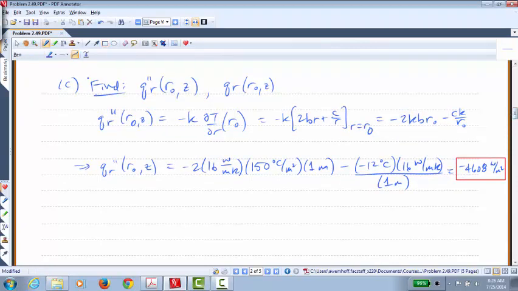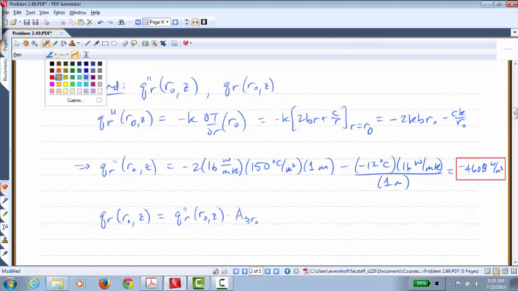So now we can find the heat flow, which is simply the heat flux times the surface area associated with the outer radius of the cylinder. So let's write that out here. Q at RO and Z is going to be the heat flux at RO and Z times this surface area, which we know is going to be 2 pi RO times the length, which is 2ZO.